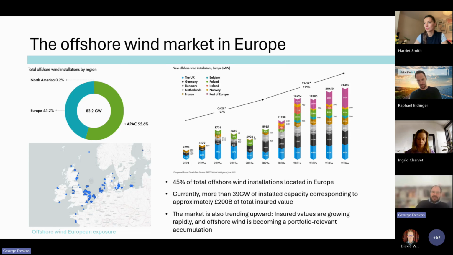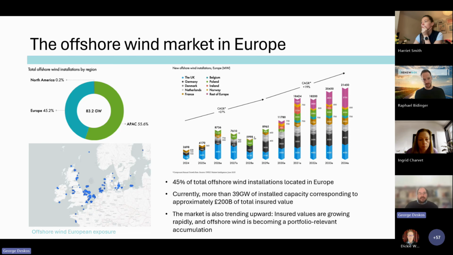One of the things that we also know, from the projection, is that we're on track to get even more offshore wind in the North Sea and the other regions I mentioned. I think the projected number is at least 120 gigawatts of installed capacity by 2030. Now, what does it mean for us?